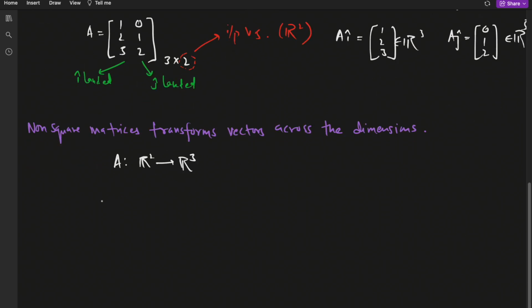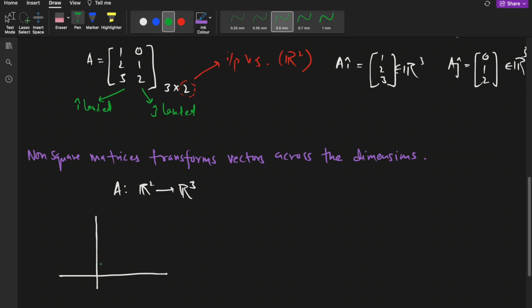So if I make the diagram, before the transformation, I hat is here and J hat is here, in R2. But after the transformation, the output vector space is no more R2.